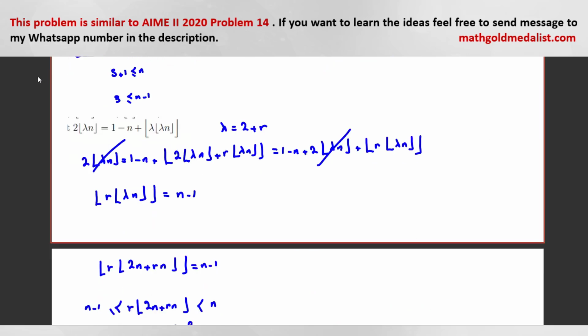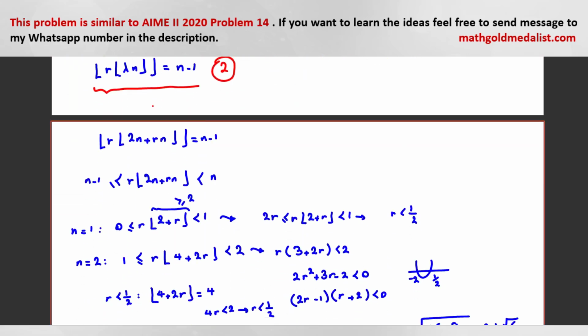Because of this, do you agree we can conclude this one? First step is this, second step is this. Agreed? Then do you agree we can replace this where we reach this, right?